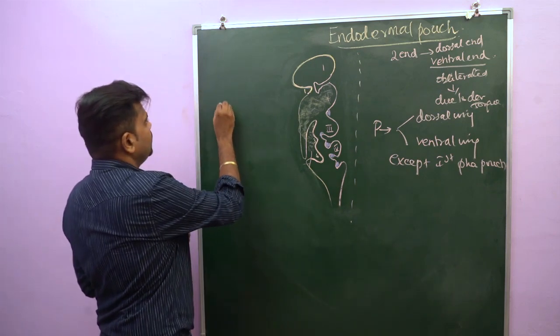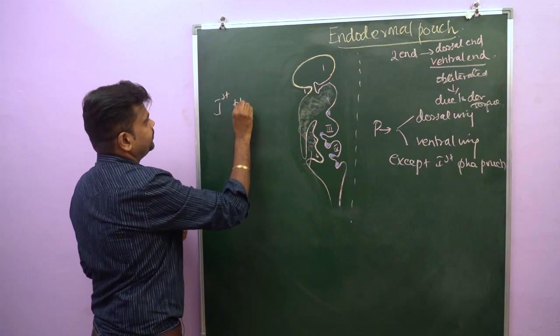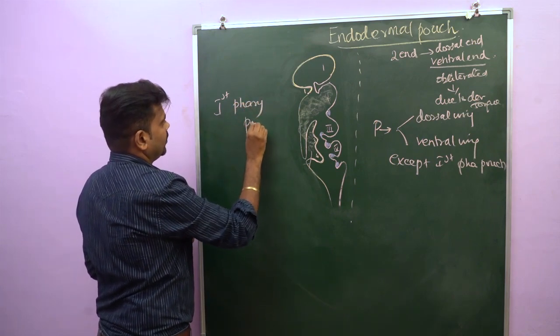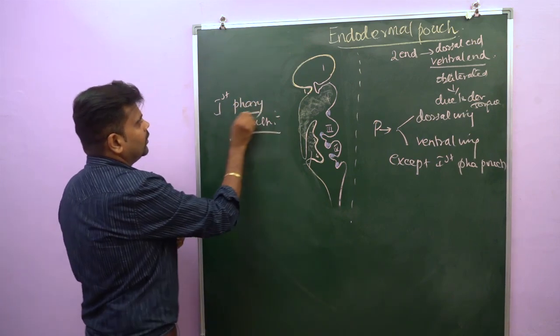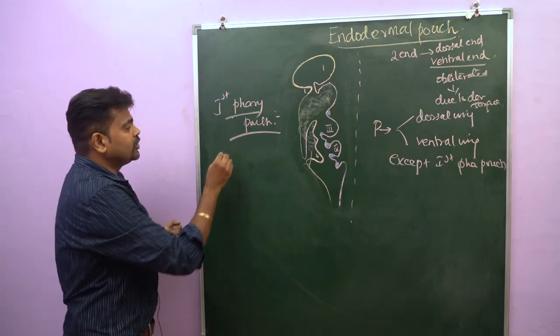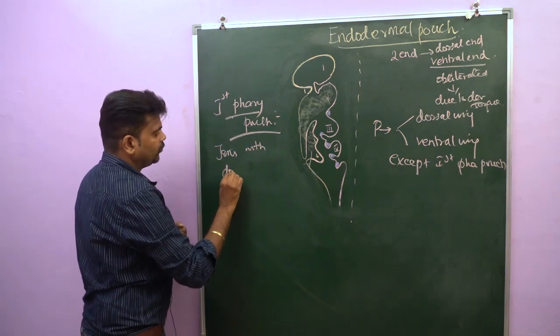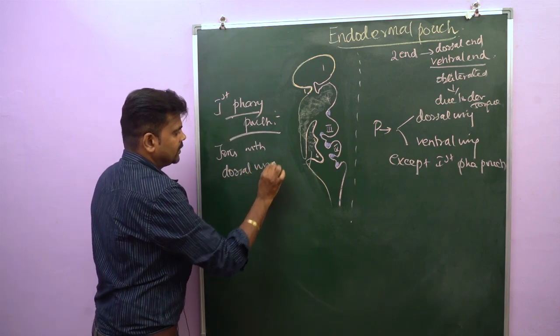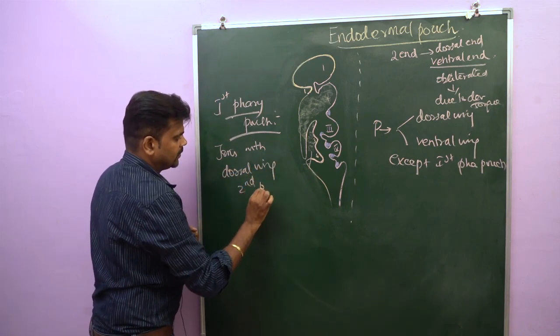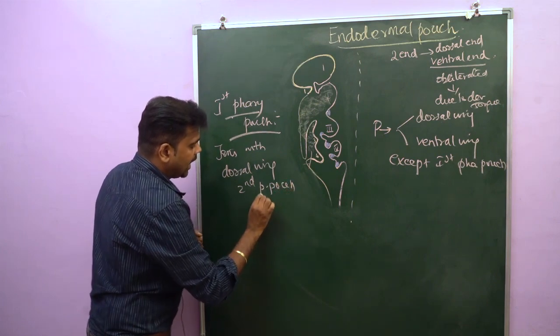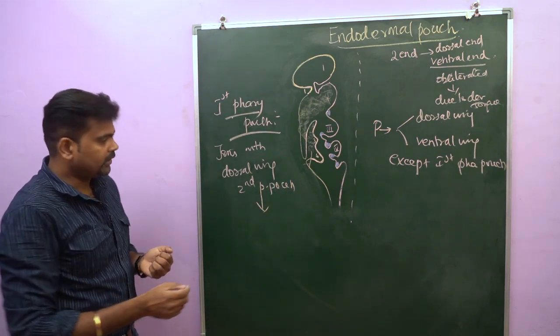So, the first pharyngeal pouch derivatives. The first pharyngeal pouch joins with the dorsal wing of the second pharyngeal pouch and gives rise to one important recess.